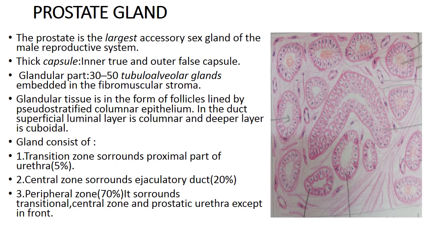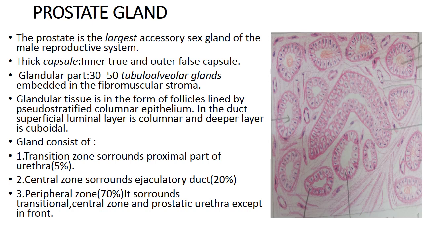Then beneath the capsule there is the glandular part, which has 30 to 50 tubuloalveolar glands embedded in the fibromuscular stroma. So the parenchyma has glandular part and stroma, and the glandular part is poorly developed at birth. It proliferates at puberty and degenerates at old age.